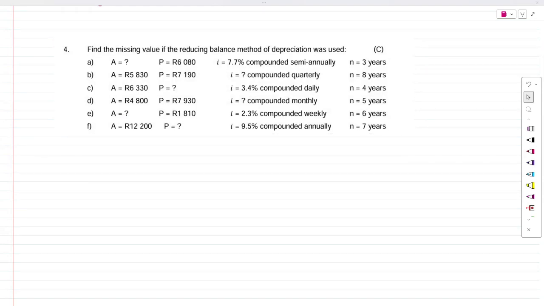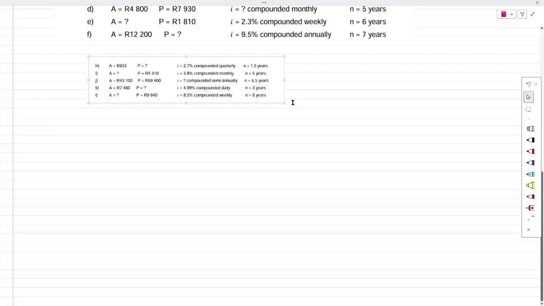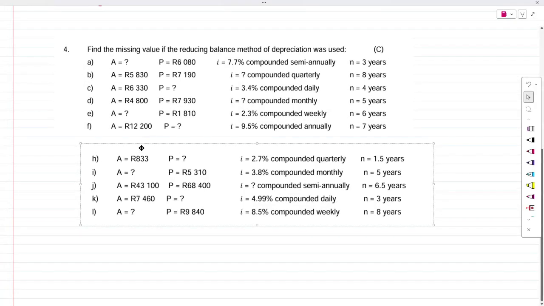There's some practice examples for you guys to use. I'm going to do a few of them.